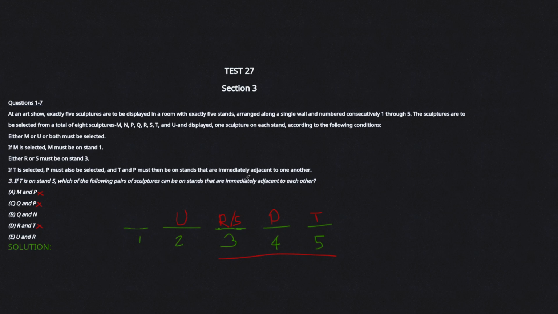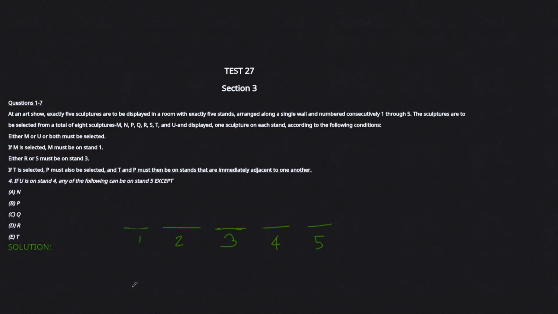Now, the 2 other options, we know that one of those 2 has to be either an M or a U. Now, this is where the trick comes into play because you cannot just say Q and N have to be next to each other because one of those 2 letters has to be U or M. So by that logic, you cannot put Q and N adjacent to each other. So the correct answer is U and R.